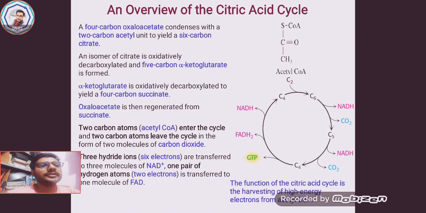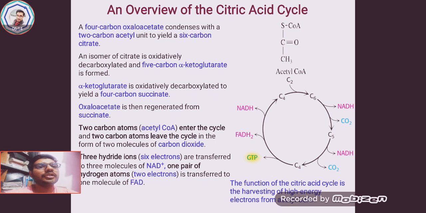In this cycle, here is the acetyl coenzyme A. A 4-carbon oxaloacetate condenses with 2-carbon acetyl to form a 6-carbon citrate.